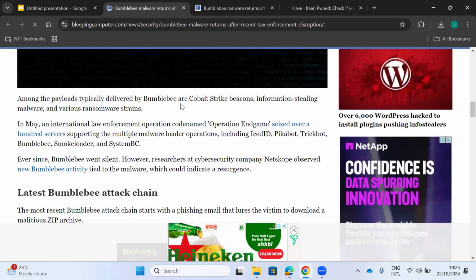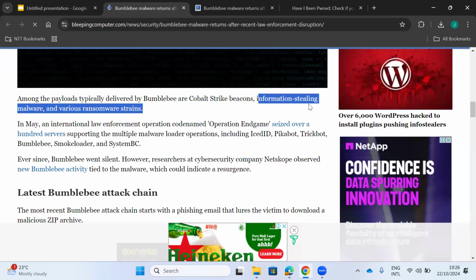Then for the payloads by Bumblebee, we can see it can deploy some Cobalt Strike beacons, which could be communicating with some command and control infrastructure in the backend. The adversary could be sending some commands for control to the compromised host. Then it uses information stealing malware and various ransomware strains.